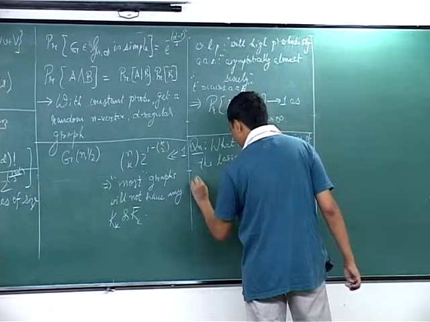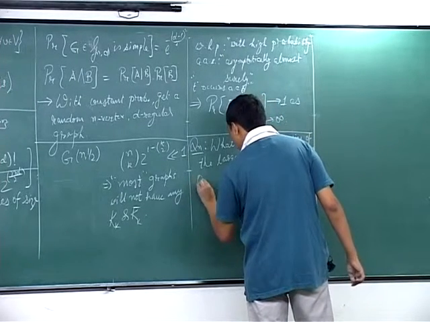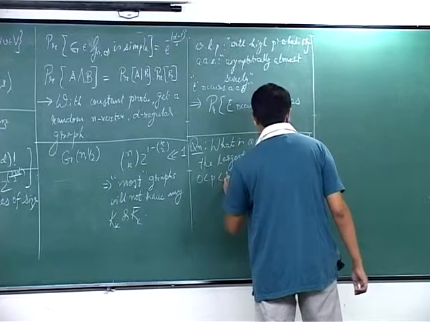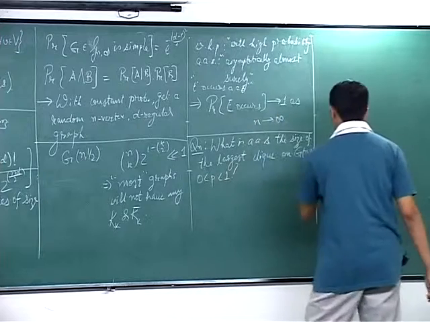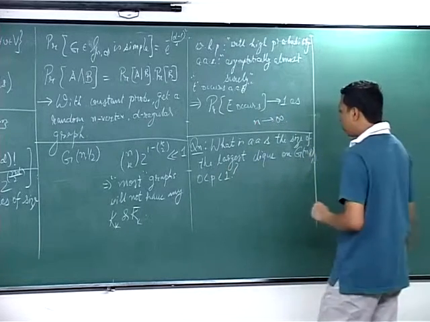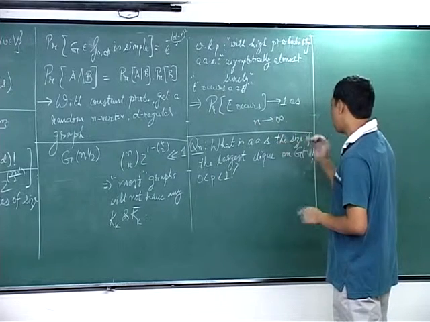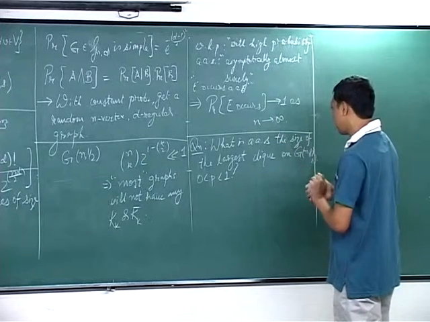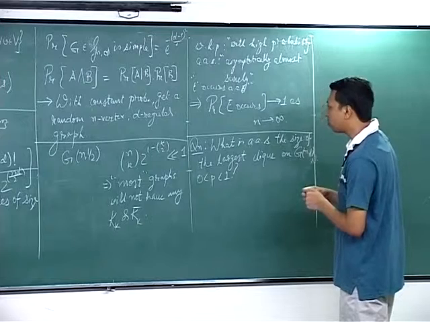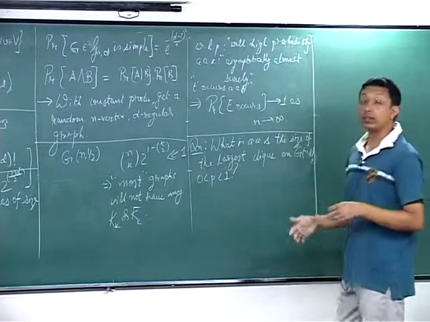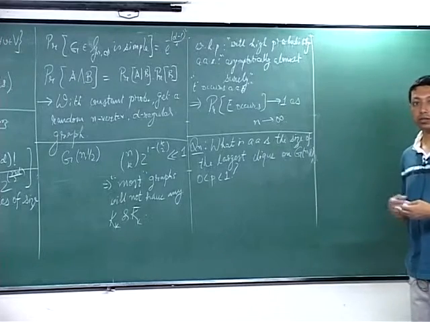Let us say p is fixed, some fixed real number. Asymptotically almost surely, what is the size of the largest clique? Based on what I have done so far, you can find the upper bound at least.